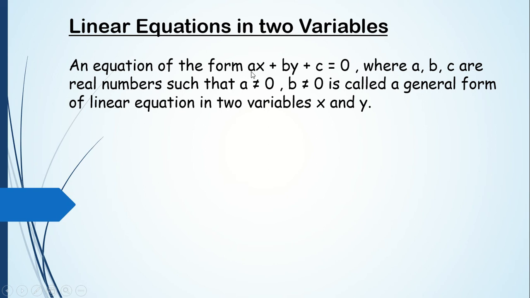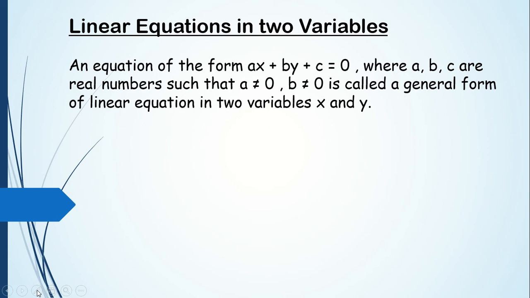First, the coefficients a and b should not be 0, because if coefficient a is 0, the x term will vanish. If b is 0, the y term will vanish. So it will not remain a linear equation in two variables.